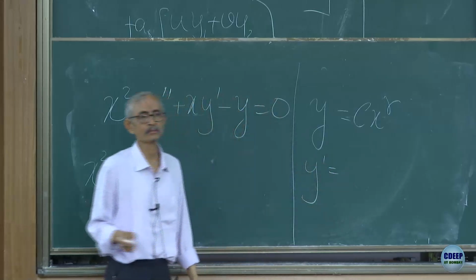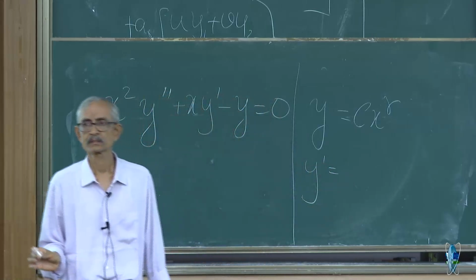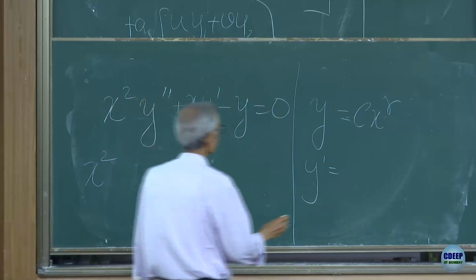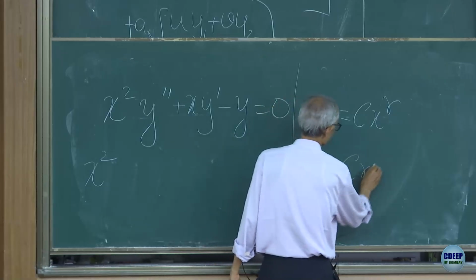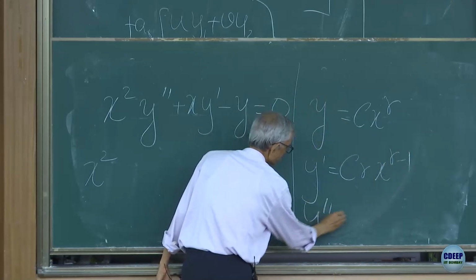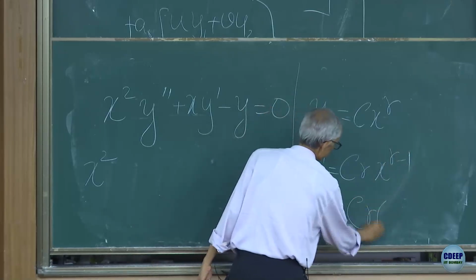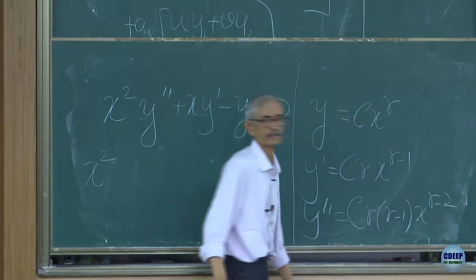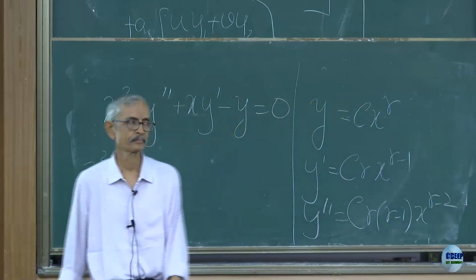Y prime equal to C r x to the r minus 1. What is y double prime? C r (r minus 1) x to the r minus 2.